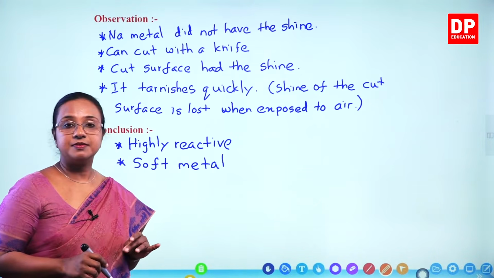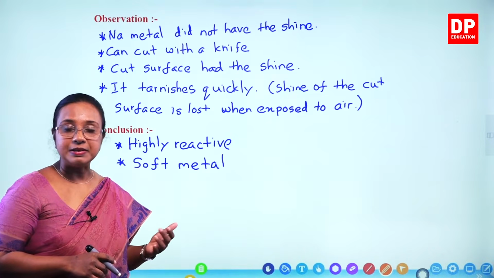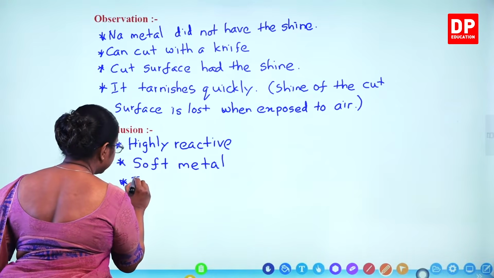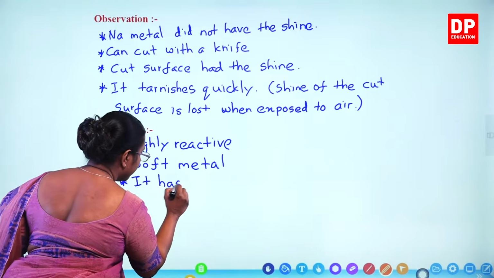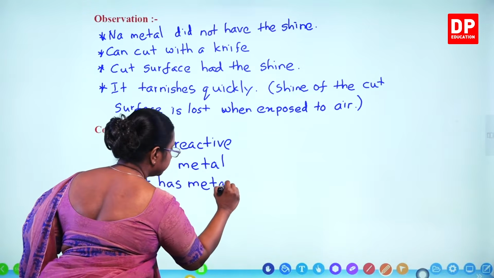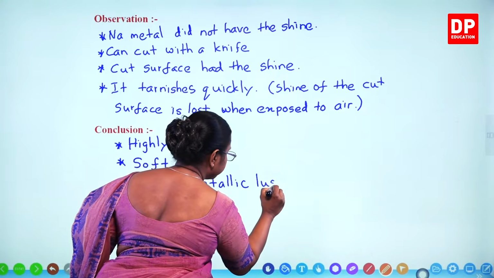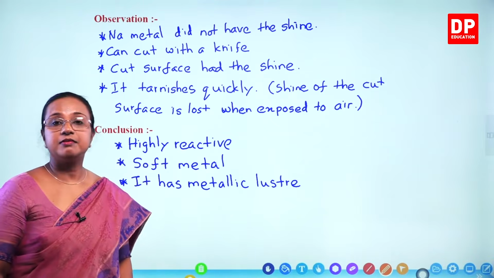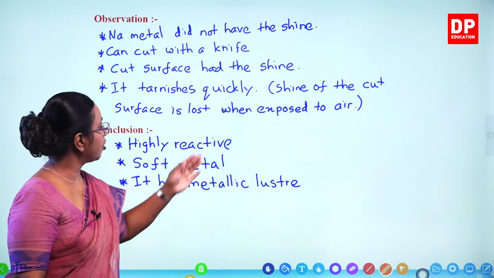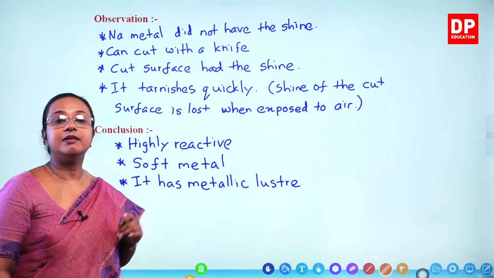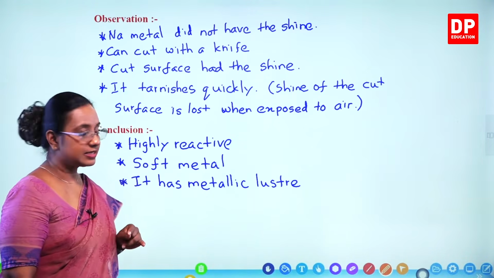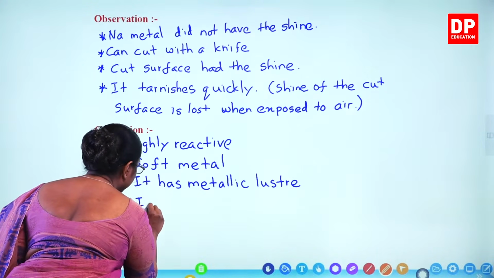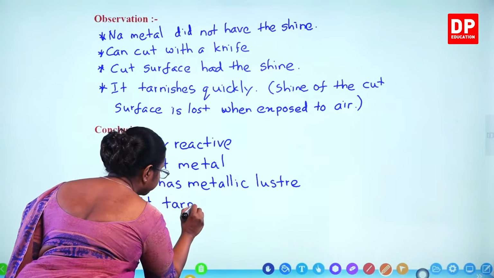But the cut surface had the shine. So, that means it shows the metallic luster. But it again reacts quickly. So, that we have already concluded. Highly reactive. So, therefore, it tarnishes quickly. So, I'll write that again. It tarnishes quickly.